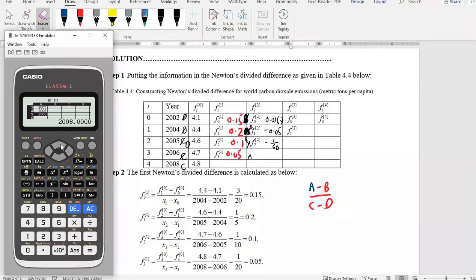Check my 2008, 2006, 2005, 2004, 2002. My data: 4.1, 4.4, 4.6, 4.7, 4.8. Check 4.8, 4.7, 4.6, 4.4, 4.1.